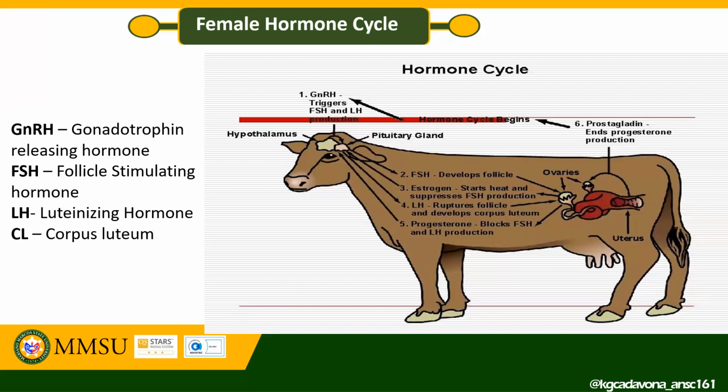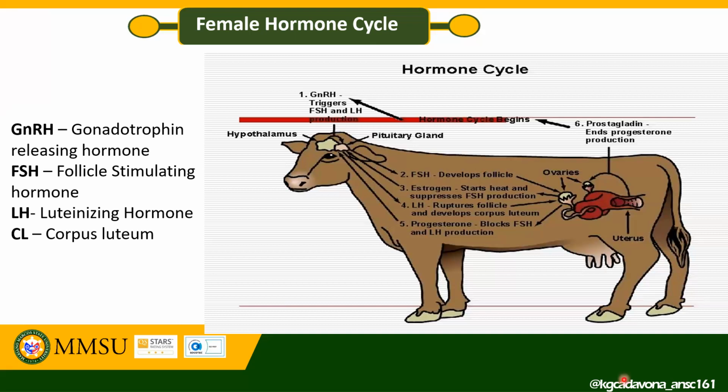So if the egg is fertilized, yung CL will stay in place, of which as I have said kanina, progesterone will be produced until such time na mabuo yung fetus. However, ano naman kaya yung mangyayari if the egg is not fertilized? Definitely, yung reason kung bakit nabubuo yung progesterone, which is the corpus luteum, will eventually deteriorate.